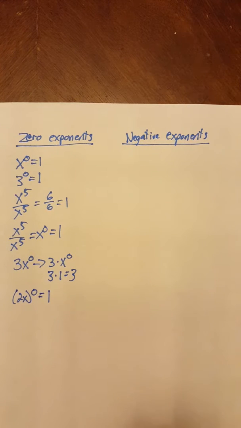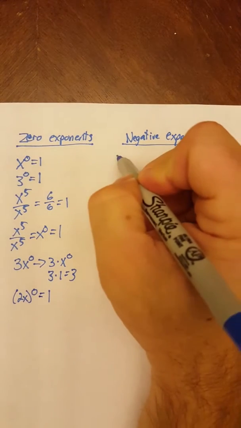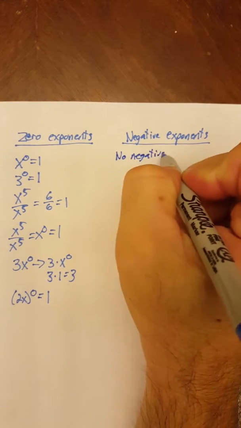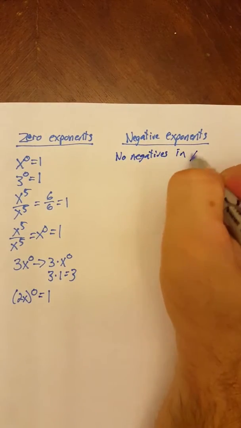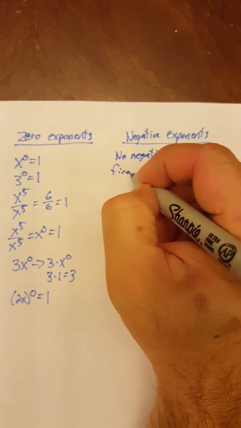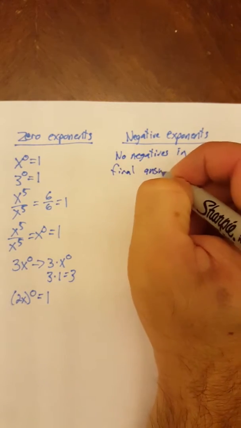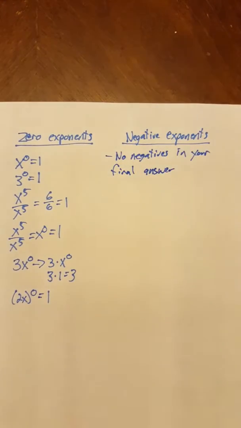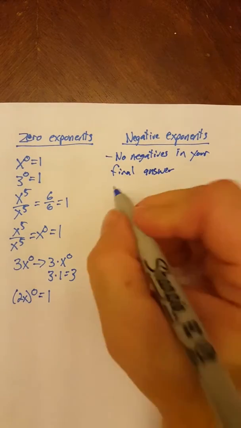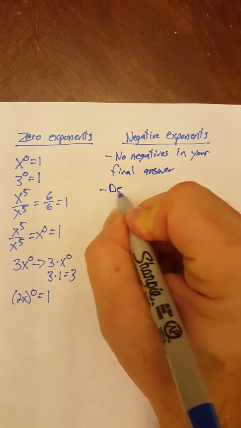Now, for negative exponents, you can never have a negative exponent in your final answers. Now, you can work with them in the problem, and a trick for negative exponents is to deal with them last.